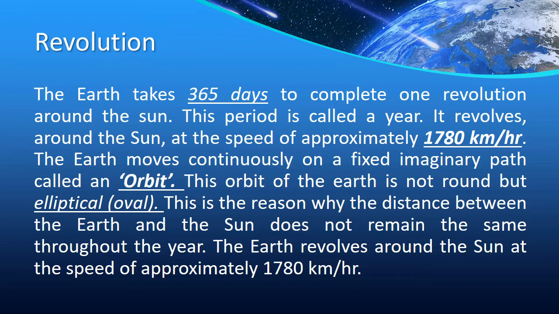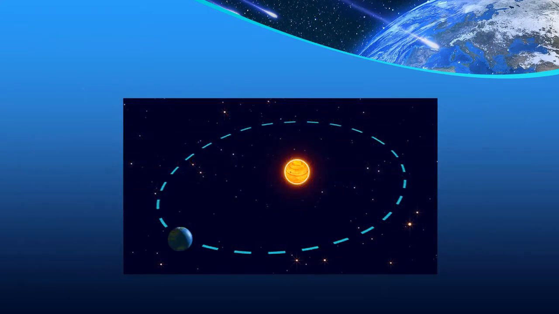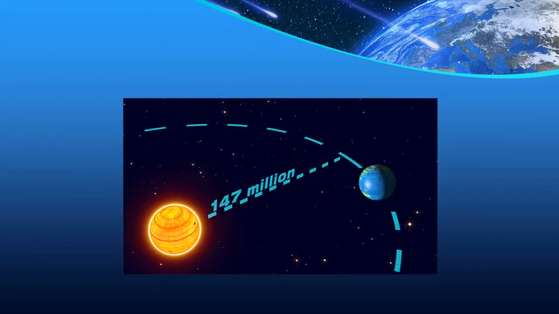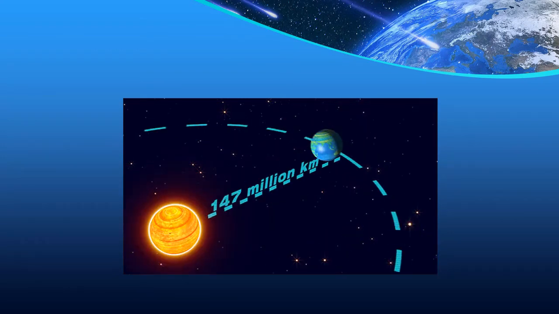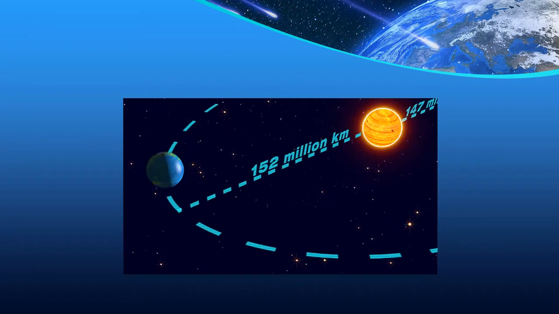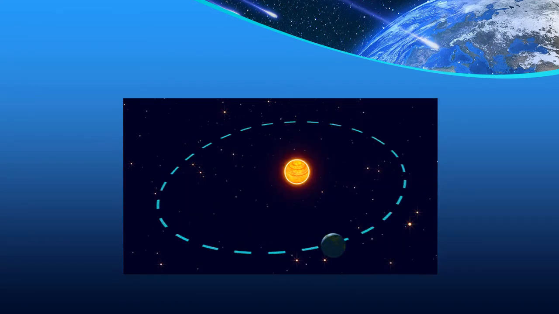The earth revolves around the sun at the speed of approximately 1780 km per hour. As I said earlier, you can see in this picture, the earth is rotating on its axis. It is revolving around the sun on this fixed orbit.